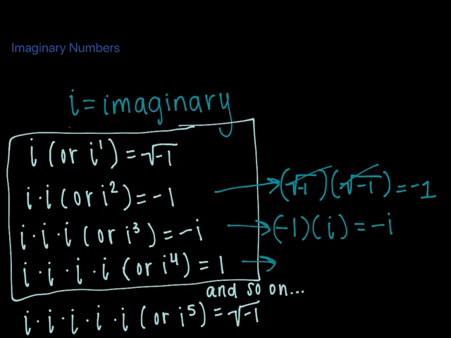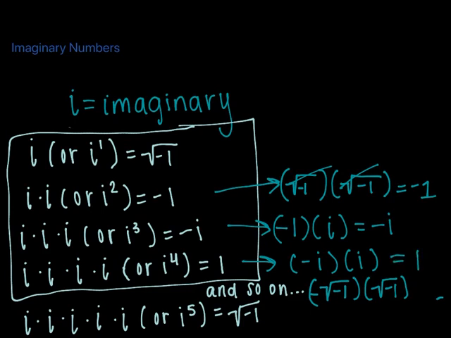Now I to the 4th would just be I cubed times I, and we know that I cubed is -I times I, which would be the negative square root of -1 times the square root of -1, which would equal +1.